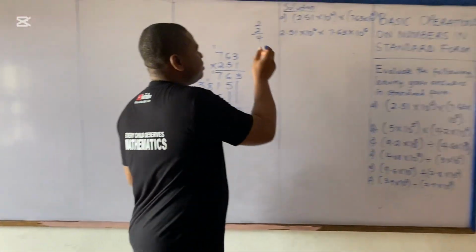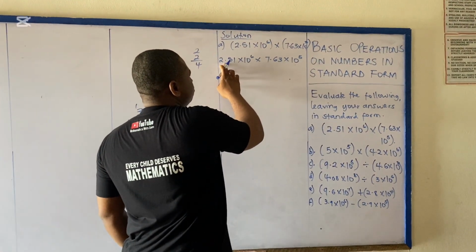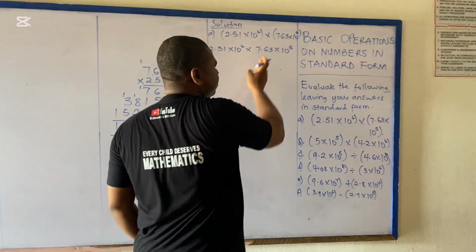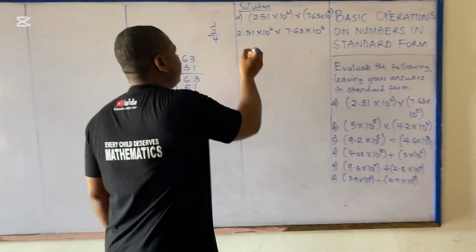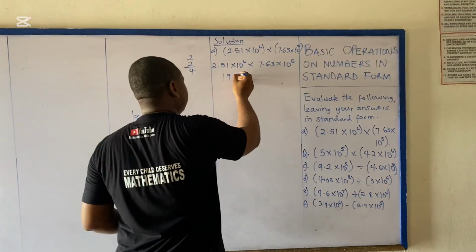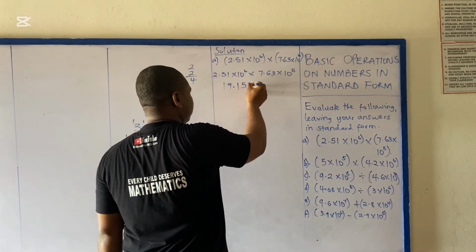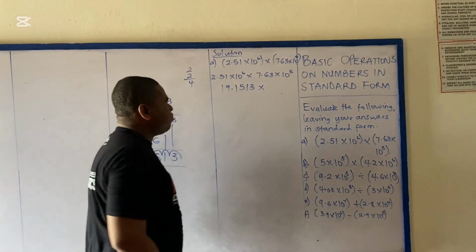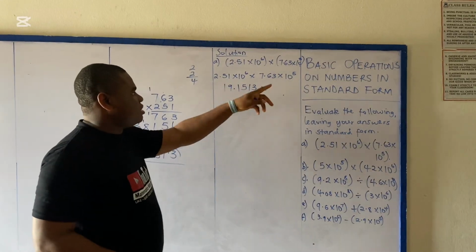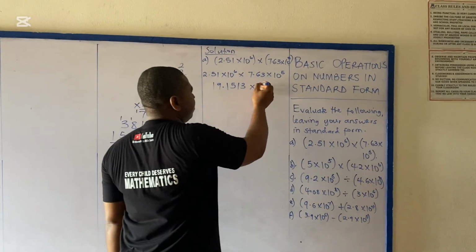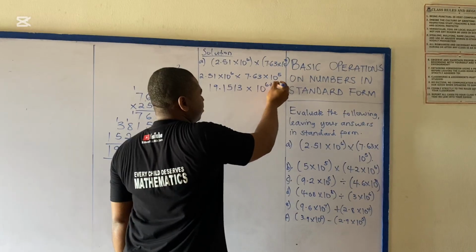So our answer in this case for 2.51 times 7.63 will give me 19.1513 times. Now we have 10 raised to the power of 6 times 10 raised to the power of 5. So we have 10 raised to the power of 6 plus 5.